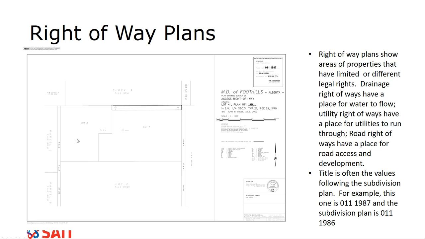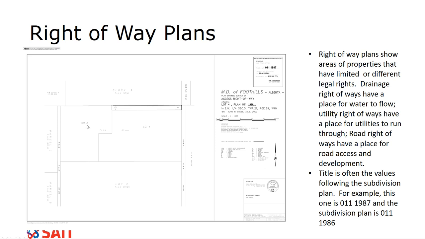So in order for them to access this lot 3, they had to put in an access road so that this lot could be accessed. So that means that lot 4 still technically owns that property because there is the property pins. It just means that they can't build something in that area. They can't go and put a garage right here on the edge of this, because otherwise these people can't access this.